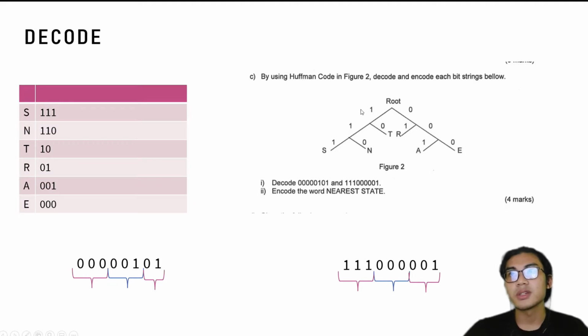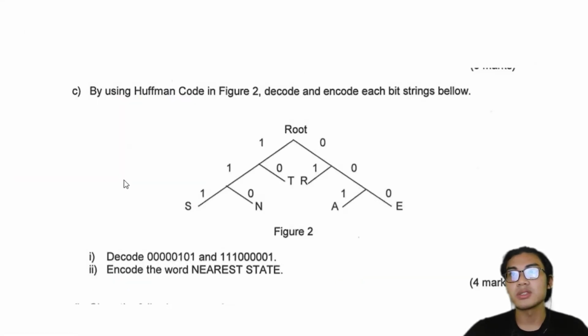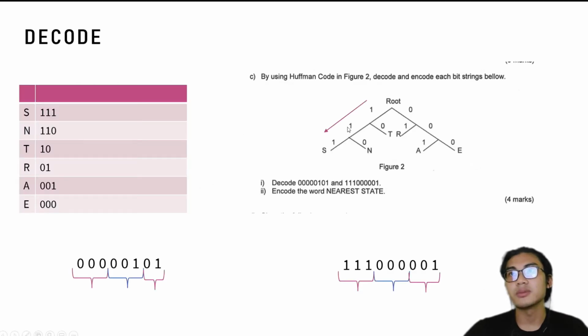First things first, you will need to trace these words to find what its bits are, 1 or 0. Just follow the flow of the arrows, and you will get S is 111 and T is 110.